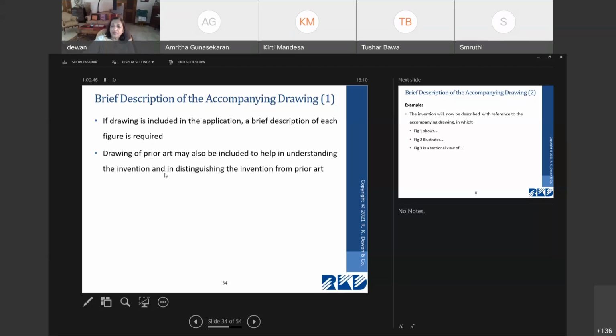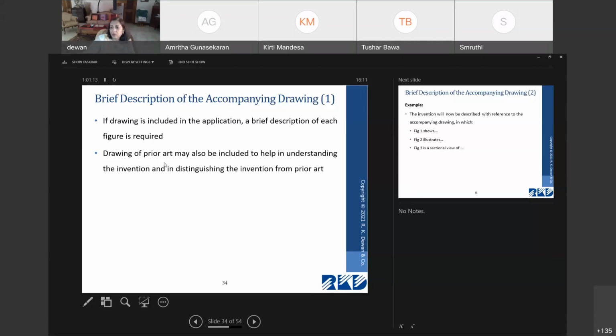You may sometimes also include a brief description of one of the drawings of the prior art, but make sure that in the drawing sheet you actually point out that this is prior art, because it can cause problems. So you write prior art in the drawing itself, and then in the brief description and in the detailed description, you can very clearly say that this is prior art.